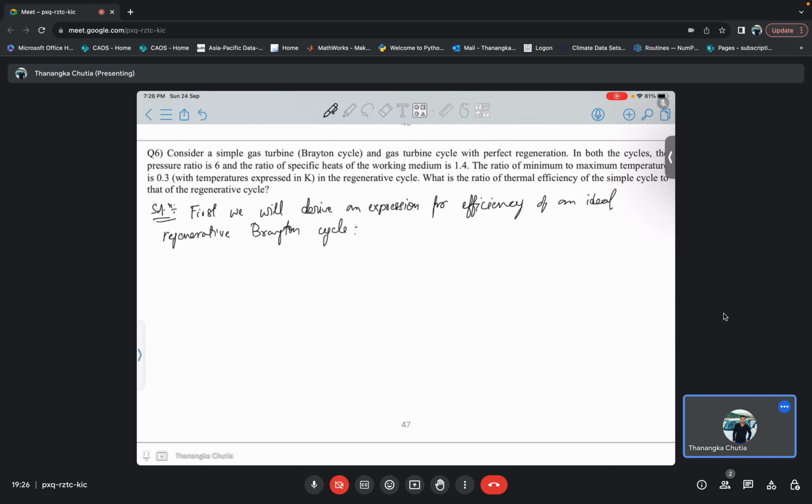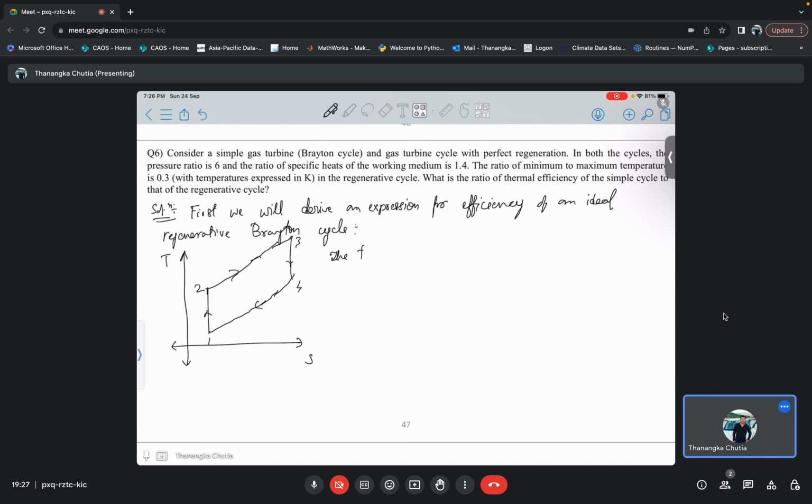So what happens if you look at the TS diagram of a simple Brayton cycle?